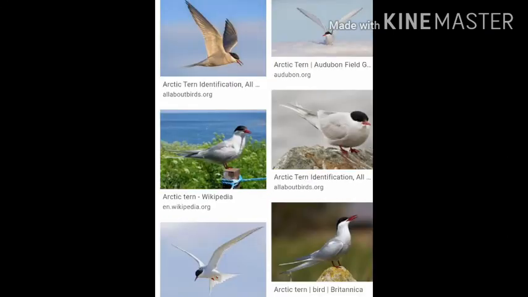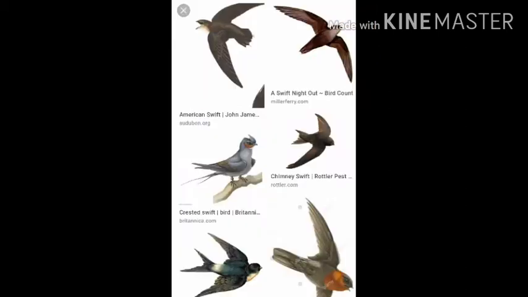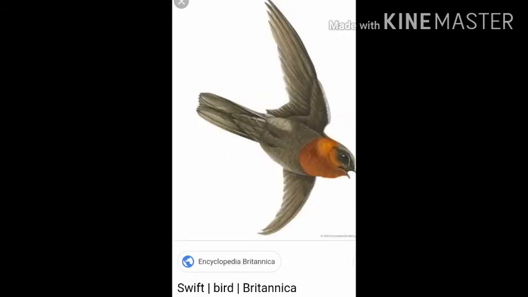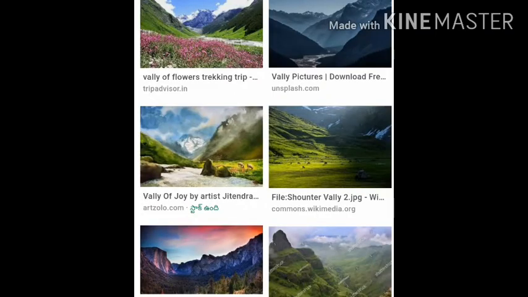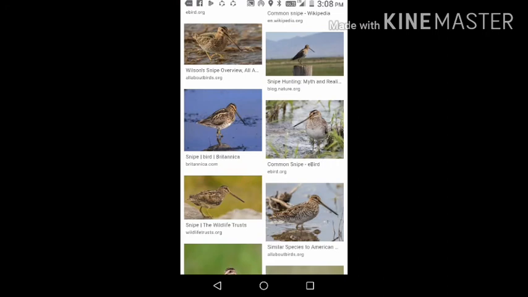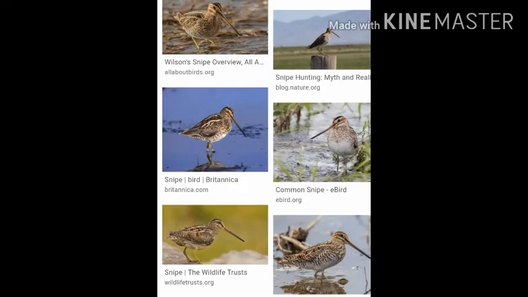Elemental migration: mostly birds migrate because of elemental needs, meaning food or water, and shelter also. This type of migration may occur at any time in a year, and most birds exhibit it.